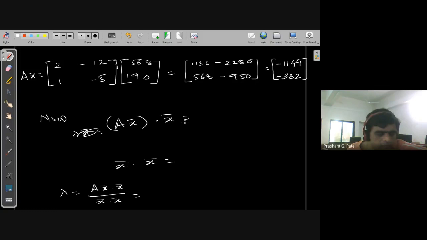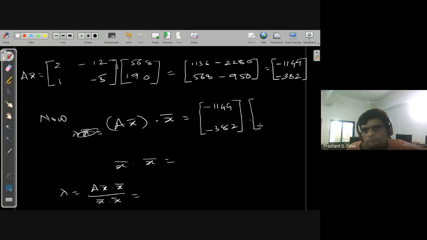So A into X bar is this, into 568, 190. The dot product of these two, that means minus 1144 into 568 plus minus 382 into 190.